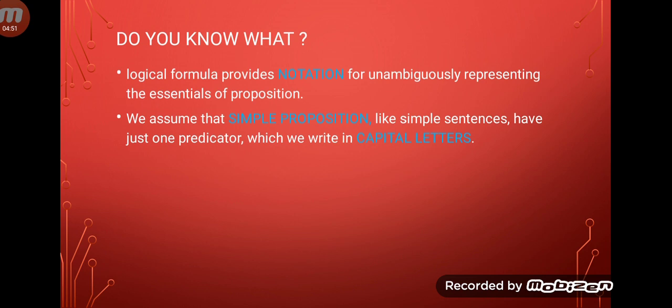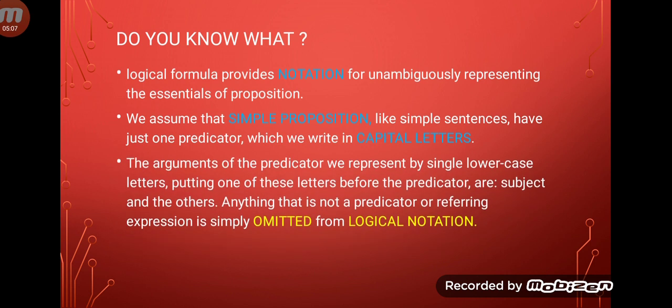When we write the notation of a simple proposition, the predicator is written in capital letters. The arguments of the predicator we represent by a single lowercase letter, which we can put before the predicator, just like the subject and the others.